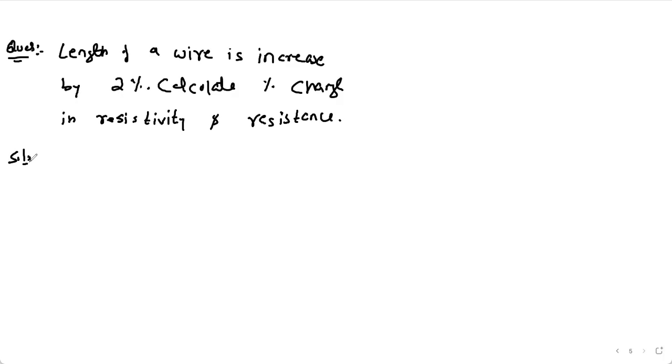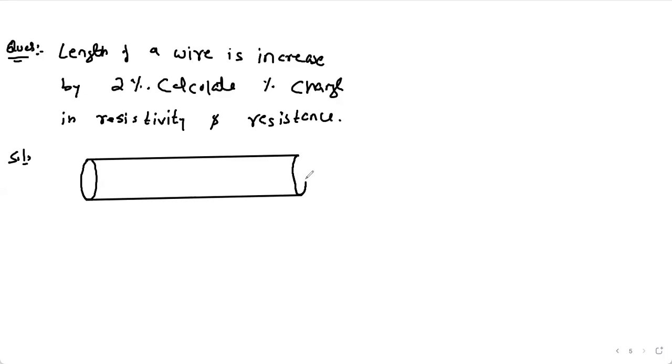So I take a wire of certain length, area of cross section is A, the length of the wire is L. Resistivity is rho.